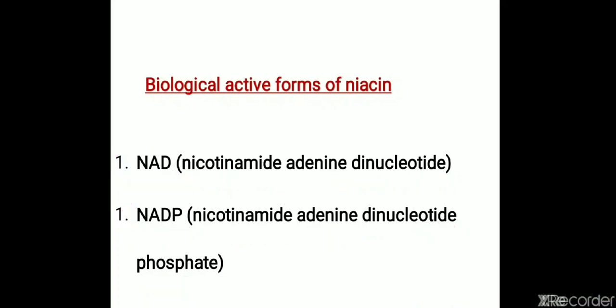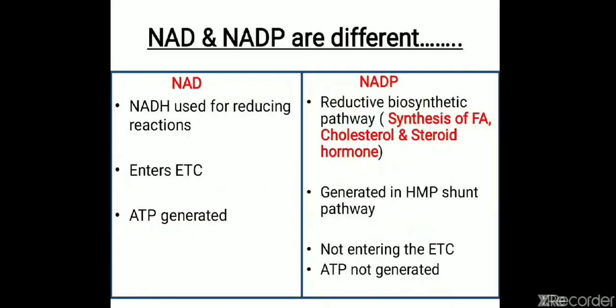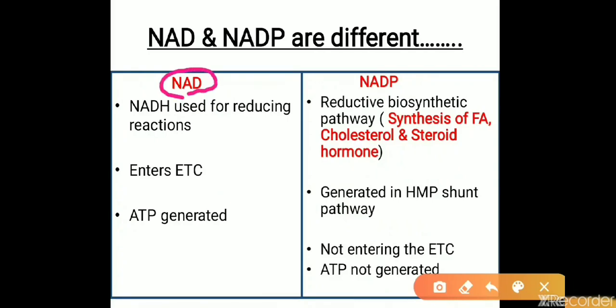So let's see the difference between NAD and NADP. See, NAD acts as a coenzyme molecule mainly in oxidation reduction reactions. NAD is a reducing equivalent, and finally it enters into the electron transport chain and it donates its electrons there, and finally it produces ATP.